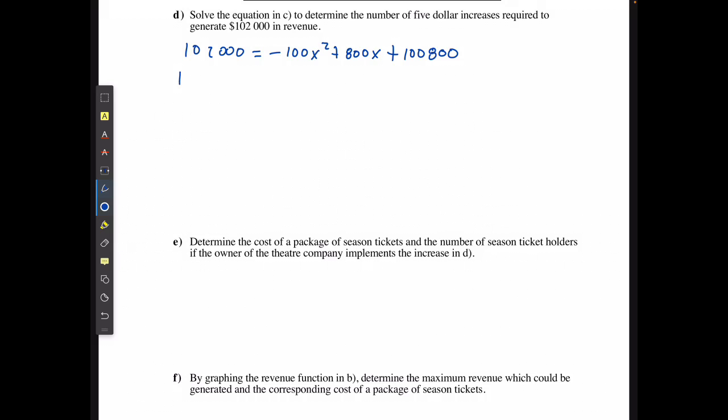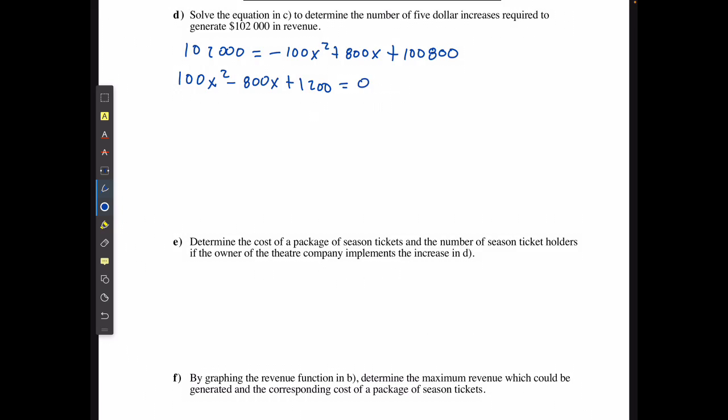So I'm going to say I have 100x squared minus 800x plus 1200 is equal to 0.